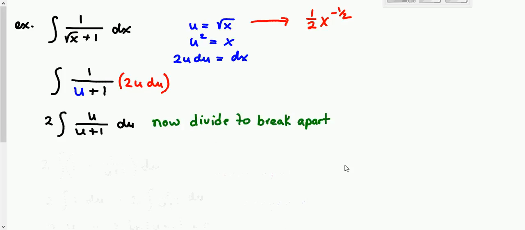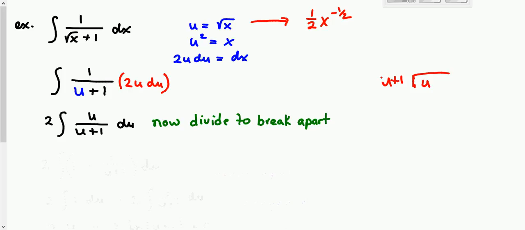So we need to divide these two because they have the same power. See how we have u to the first over u to the first? Those have the same degree. Whenever we have the same degree, we have to use polynomial division to break them up. So the one on top, u, is being divided by the one on the bottom, which is u plus 1.